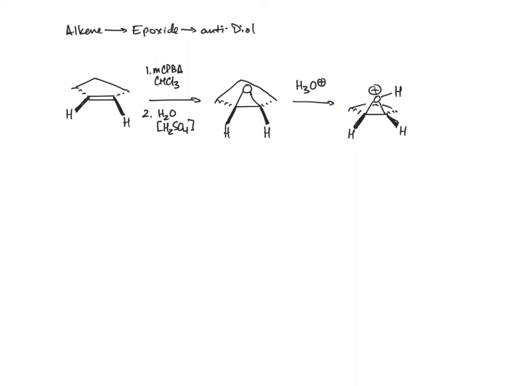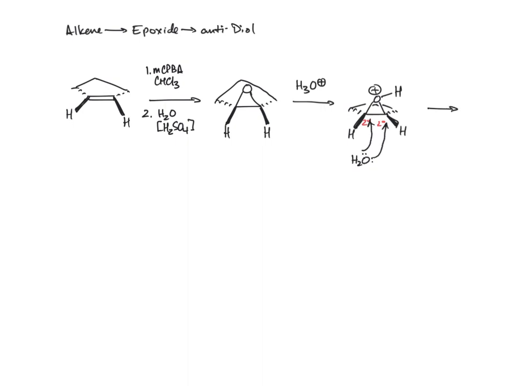So now at this point, if you look, since the molecule is symmetric, these two carbons are essentially both secondary, and they're both equally going to be attacked by water, which is the nucleophile. So we can go attack here, alternatively attack there.